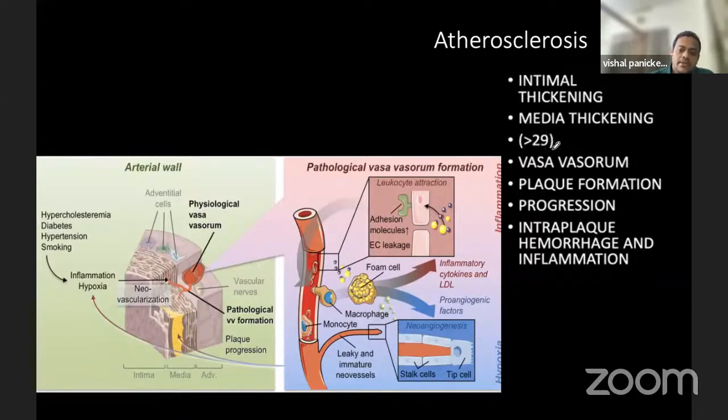Once it crosses 29 layers of muscle, there will be vasa vasorum, internal and external, proliferating into the adventitia of the vessel wall because of the increased demand. And this can lead to plaque formation and progression, and is also involved in the pathogenesis of intraplaque hemorrhage and plaque inflammation.